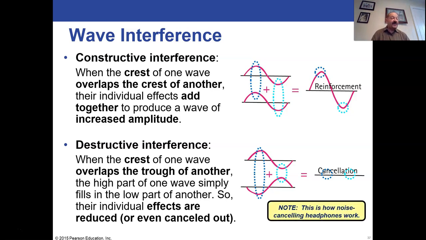Now, oddly enough, this is exactly the technology that's used in noise canceling devices like noise canceling headphones. With noise canceling headphones or other noise canceling devices, there is some microphone that's picking up the ambient sound, the sound all around. It's analyzing the waves, it's plotting out the waves, and as quickly as possible by this technology, it's creating a new wave that is exactly opposite in shape. So anything that was up is down by the same amount, anything that's down is up in the new wave, and it beams out this new wave on top of the sound that's already there.